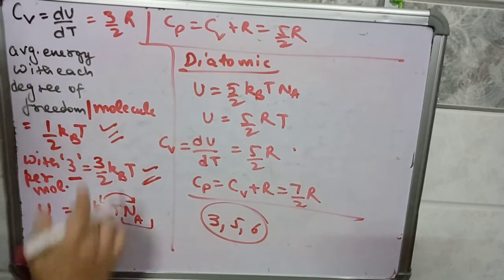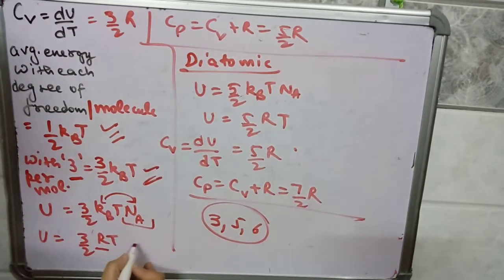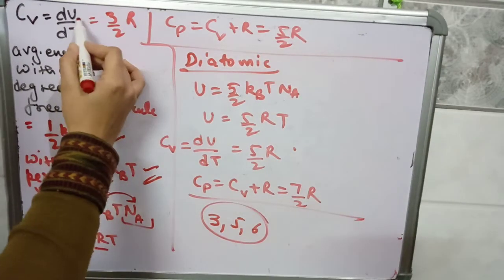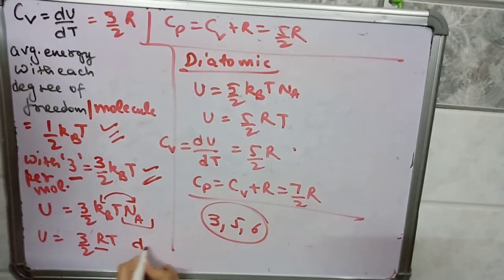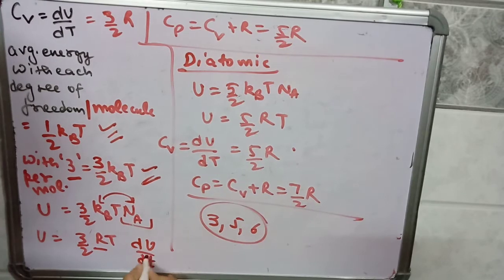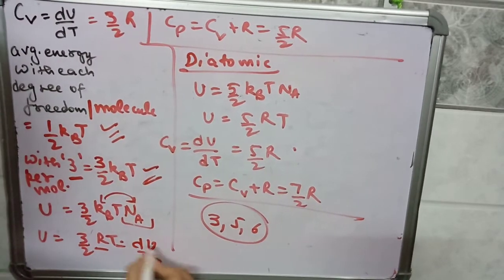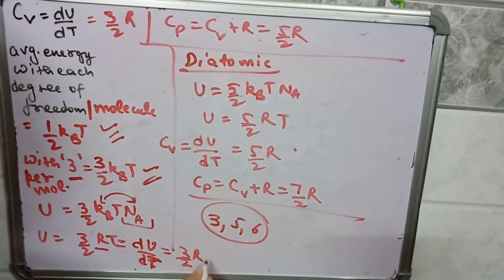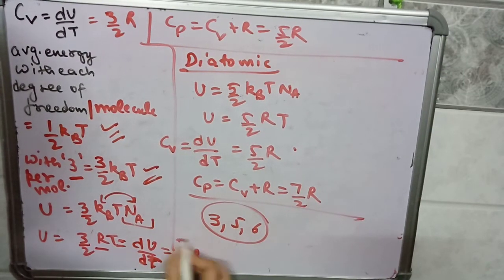Now differentiate it. 3 by 2 R will be the constant, and we need to calculate dU by dT. So 3 by 2 R will be outside, and dT by dT is 1.